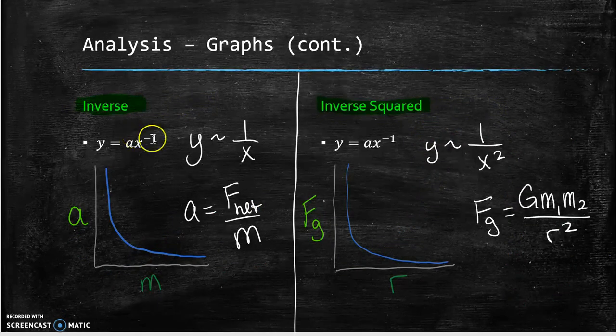The inverse pattern is another one we'll see, where if something is really small, for example, the mass of a system is small, then the acceleration is going to be large depending on the force. And the inverse squared function, for example, the force of gravity between two masses is inversely proportional to the distance between the two masses squared. So we can see that reflected in the 1 over r squared relationship here, which we'll see a lot more.